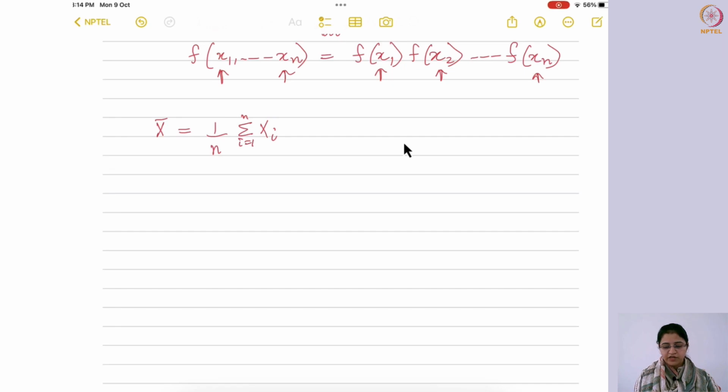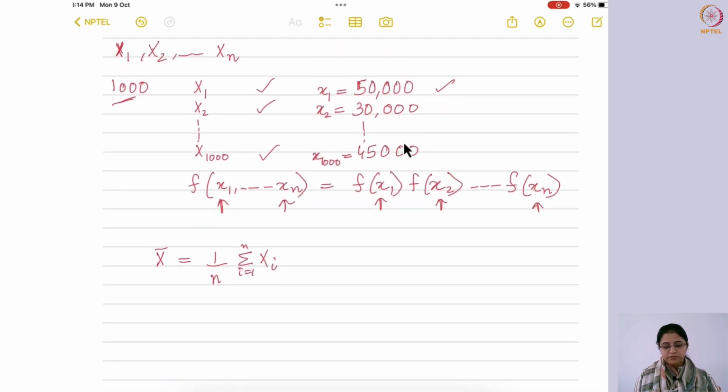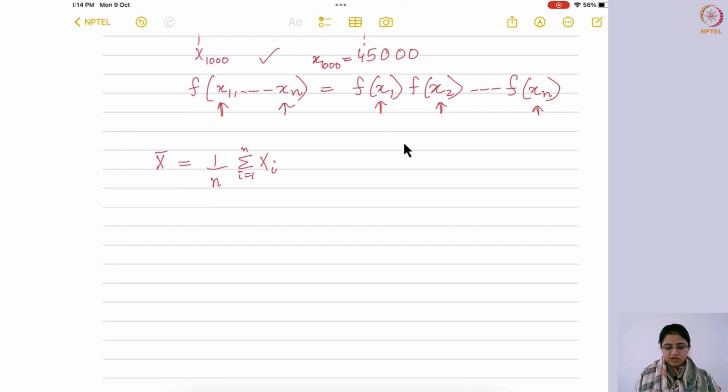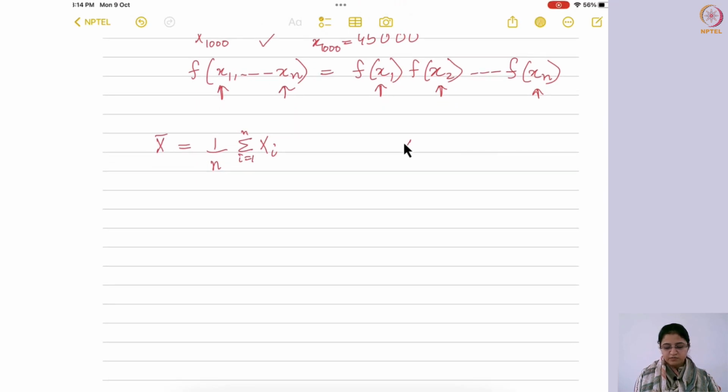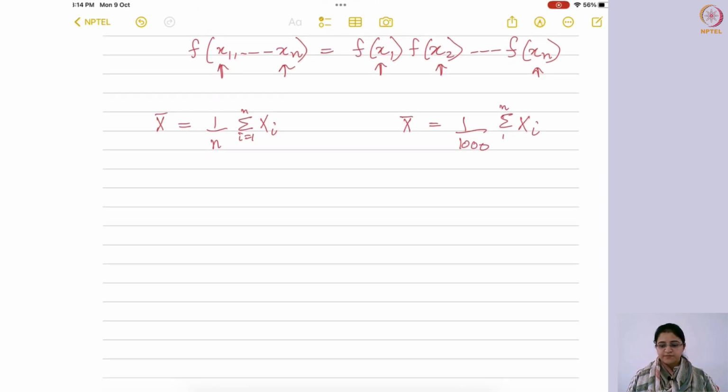If you want to find out the sample mean in this data set, then you would write X bar, where here you will replace n by 1000. Okay. Initially you would write this. Now once you have observed the sample, in that case you would substitute the values and you will get some x bar over here.